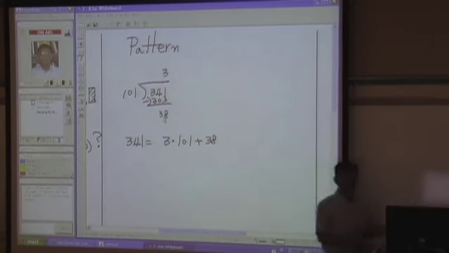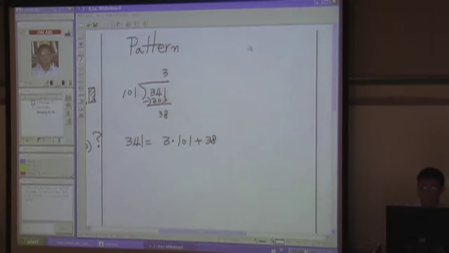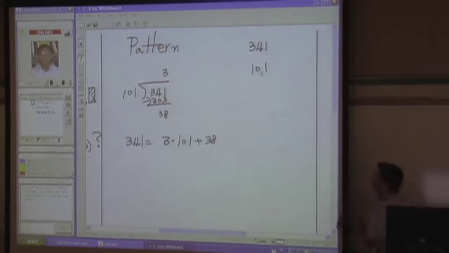But what I want to write is this thing reversed. 341 is here, and then 101, the big number upstairs, small number downstairs, and then the quotient here. So 3 times this gives us 303, and subtraction gives us 38. So this one, written differently, is this pattern.